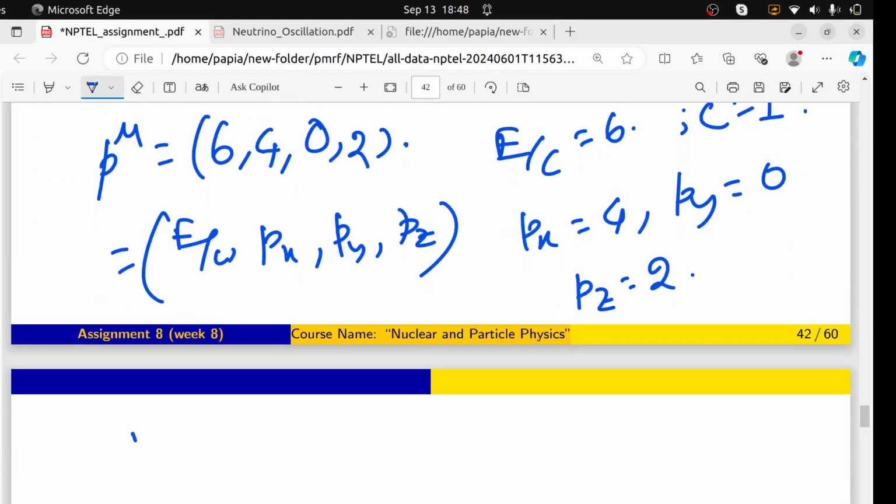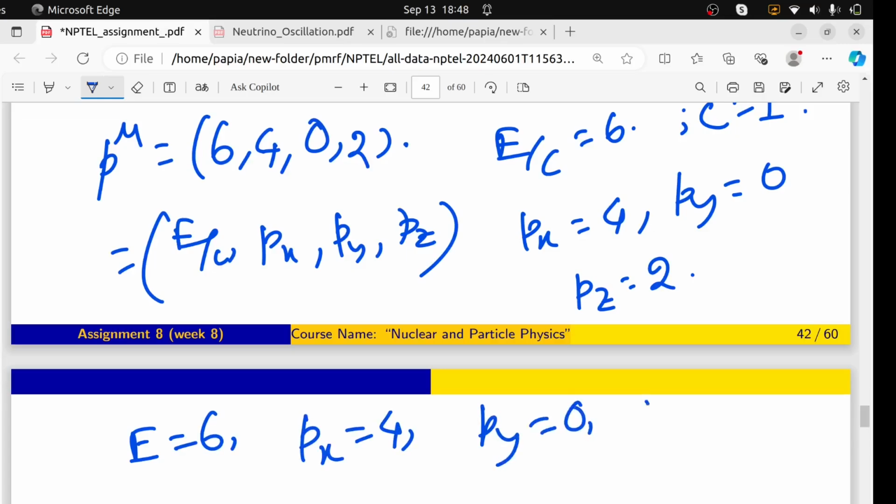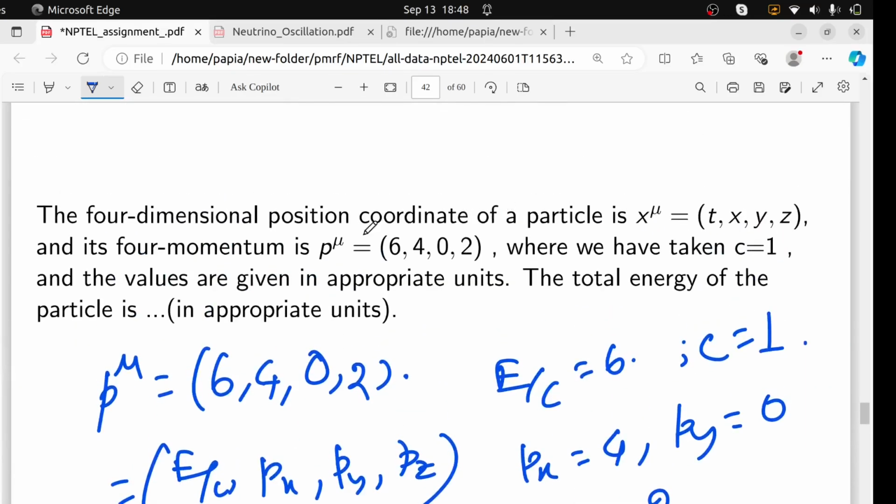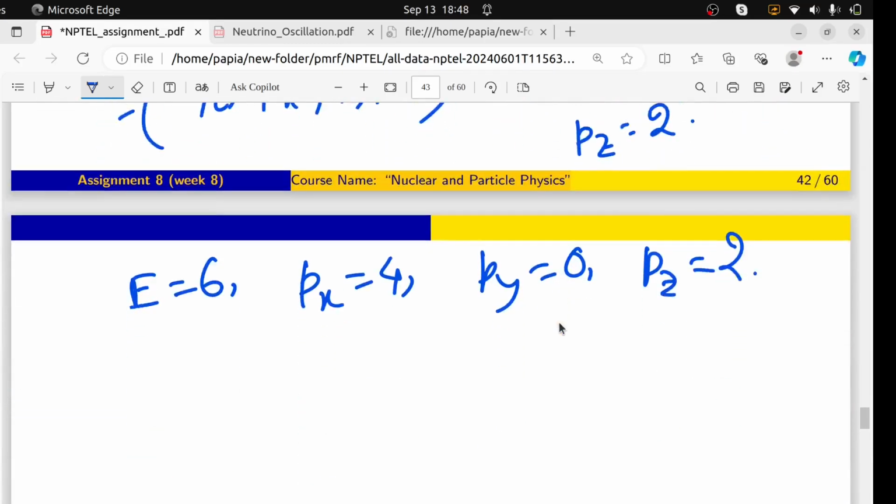So E will be 6, Px 4, Py 0, Pz 2. Now you can see they are asking what is the total energy of the particle.